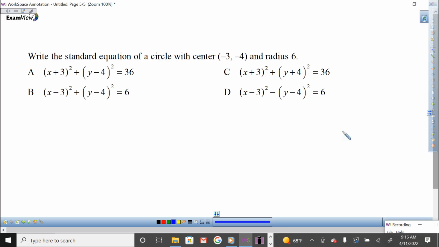Okay, so on your paper, write problem number 1, and then write your center negative 3, negative 4, and the radius 6, and write your standard equation.